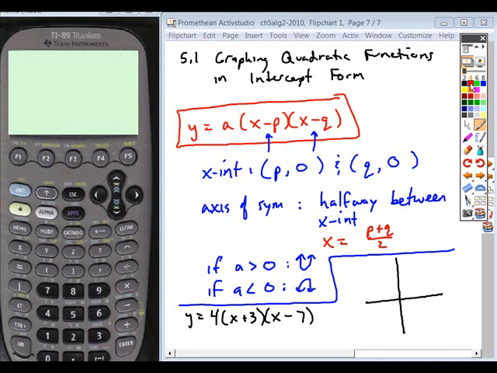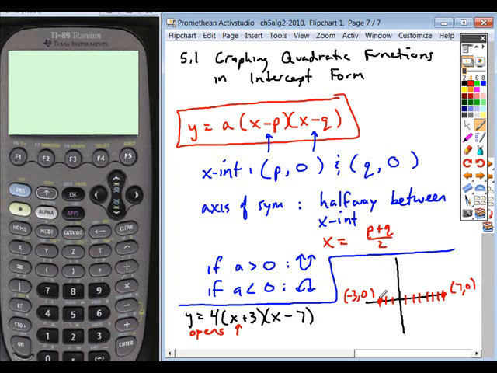Okay, so we know it's going to open up. And to find where your intercepts are, you basically just take your expression inside each of the grouping symbols here and set it equal to 0. So what value of x would give you a 0 in this factor? -3. So that's one of your zeros. Okay, so the point (-3, 0). And then the other point would be (7, 0).